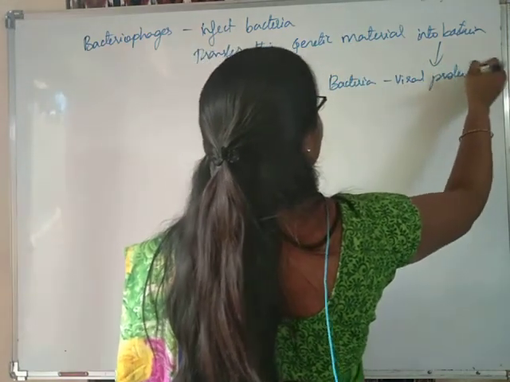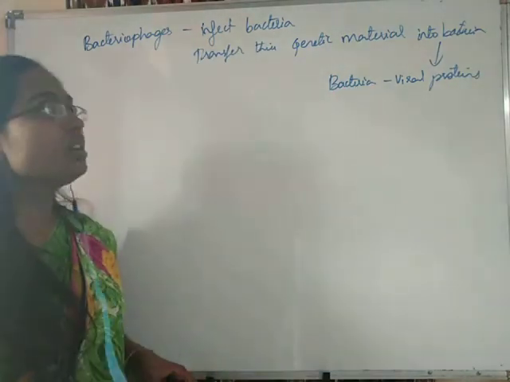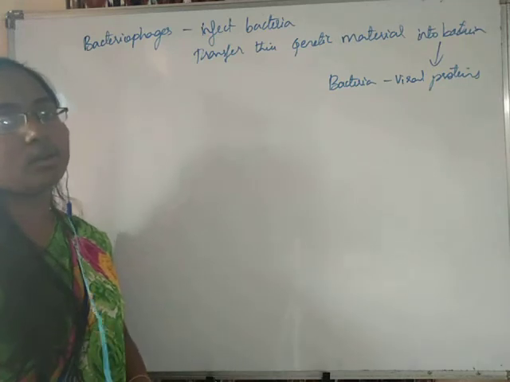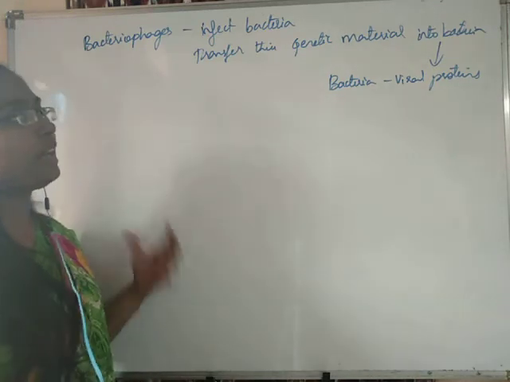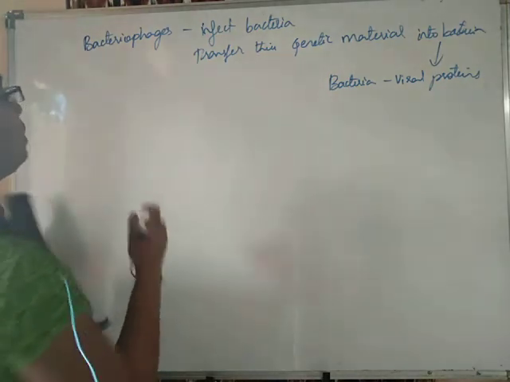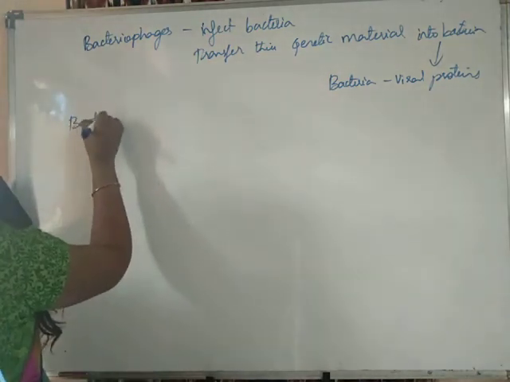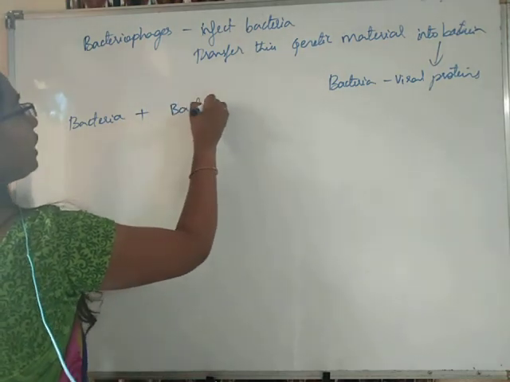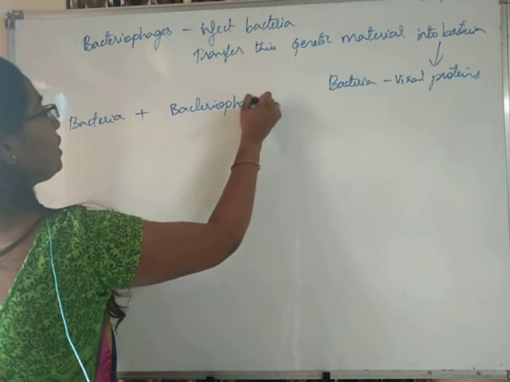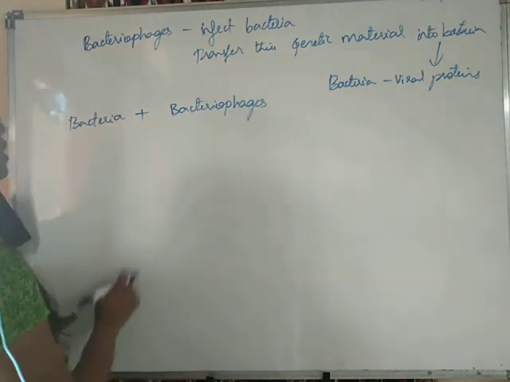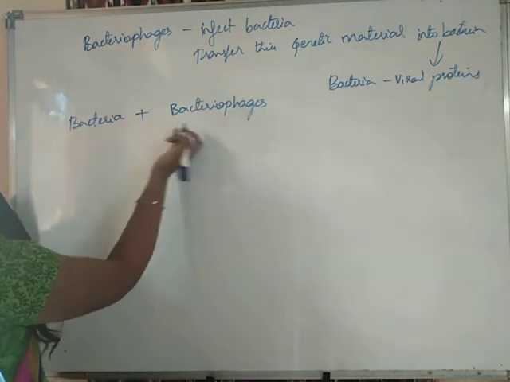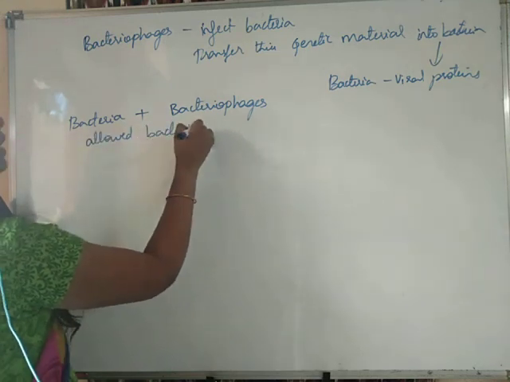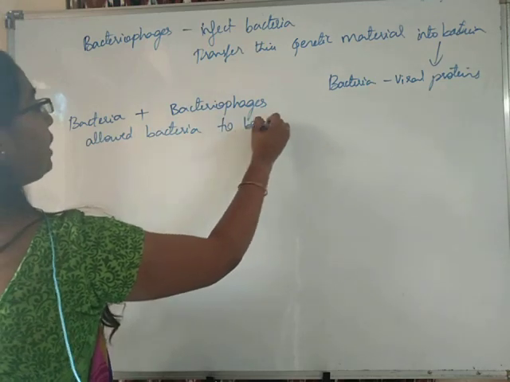It does not know that it is viral genetic material. Based on this experiment, they have taken bacteriophages as an example. Bacteria were mixed with these bacteriophages, and they allowed the bacteria to be infected.